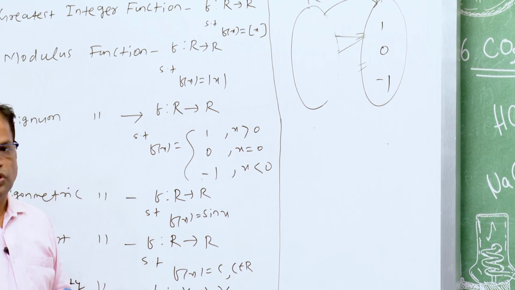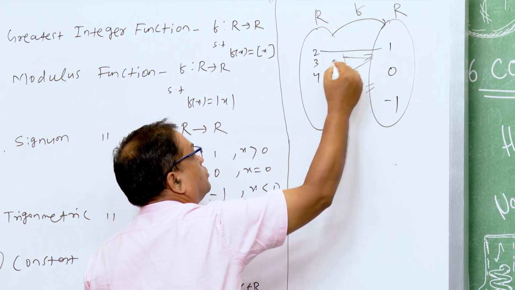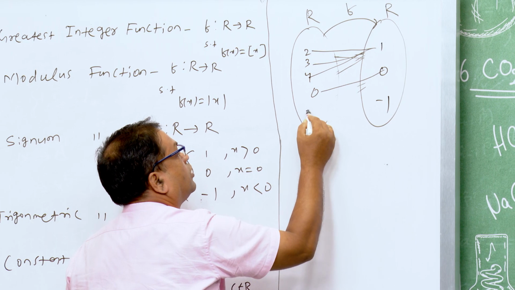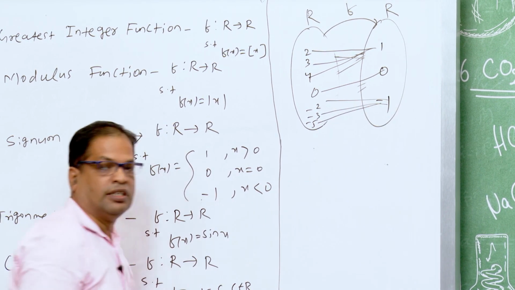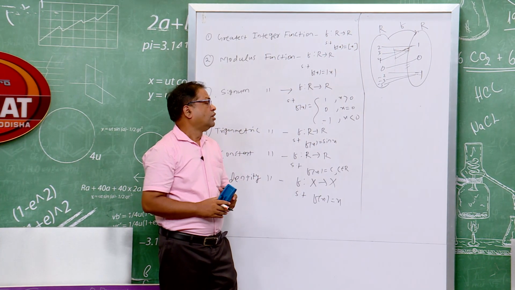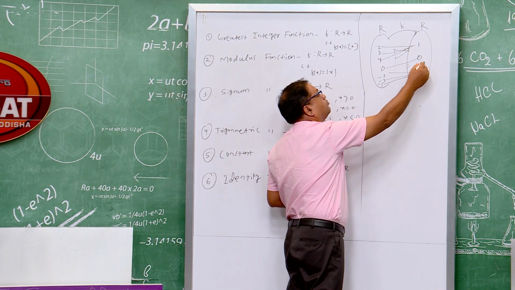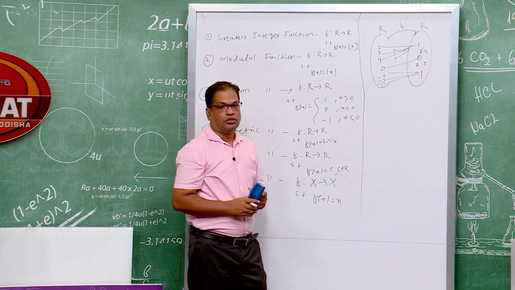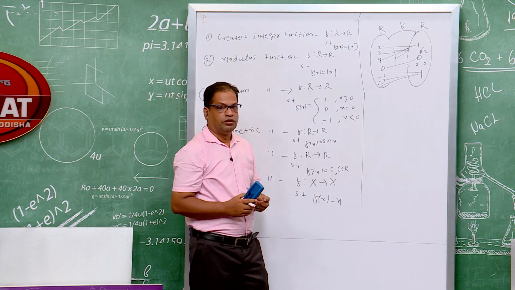When x is positive, that is 2, 3, 4, they go to 1, and 0 goes to 0. For negative real numbers they go to minus 1. So the signum function is obviously a many-one function, and in the codomain there are other elements also, like 5, 2, root 2. They are not related. So the signum function is also not onto.